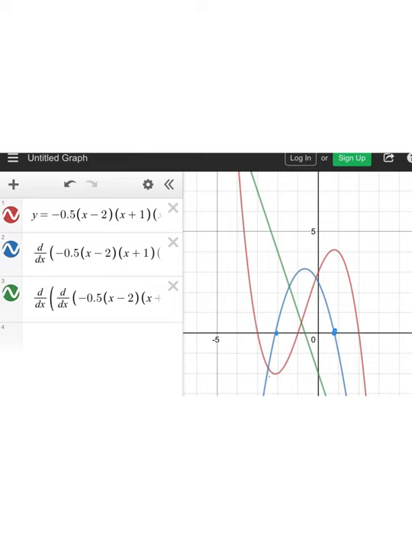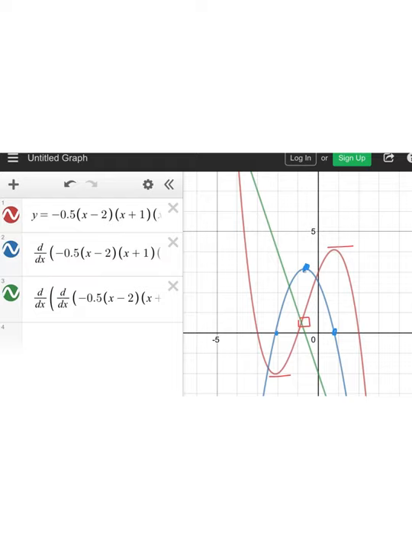So at this minimum and at this maximum. And then on our velocity function again, whenever we had this change in slope, so when it went from very positive to less positive, so right here, that represents the maximum on our velocity function.